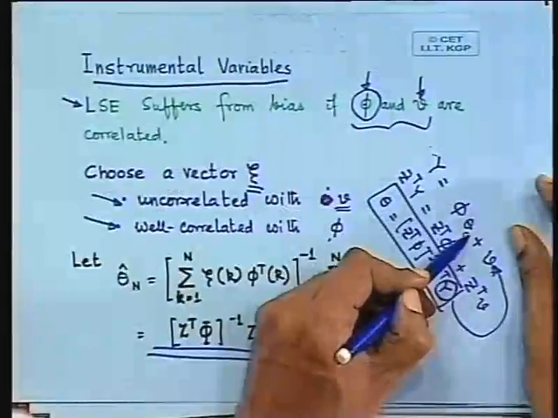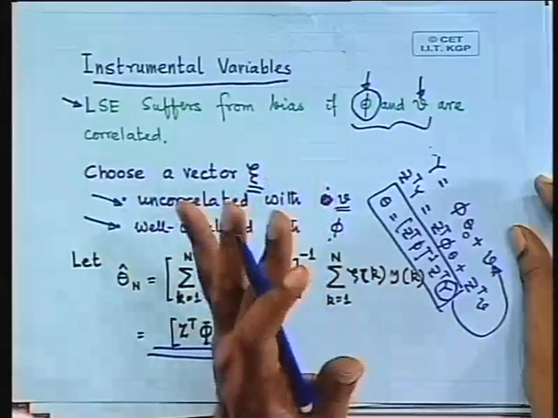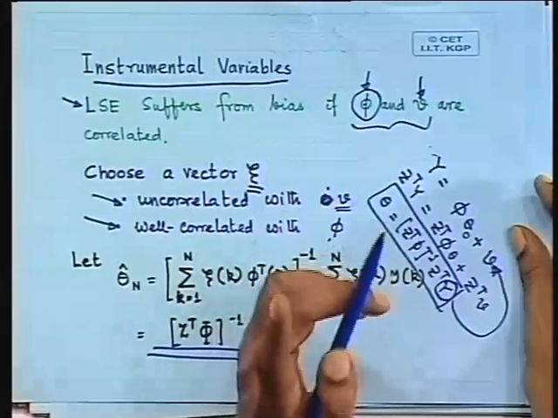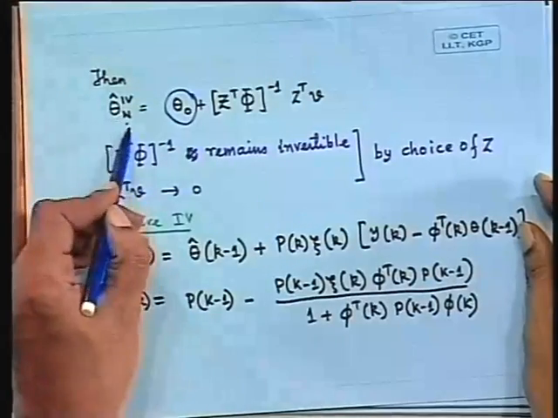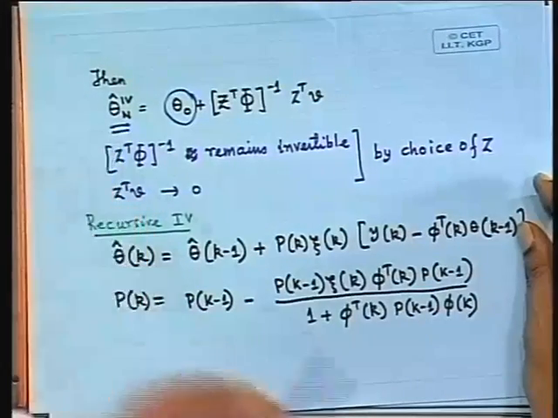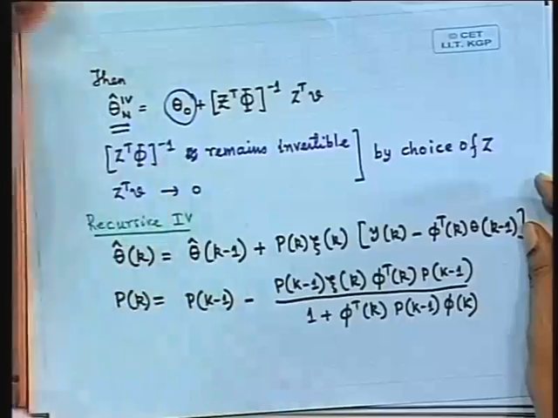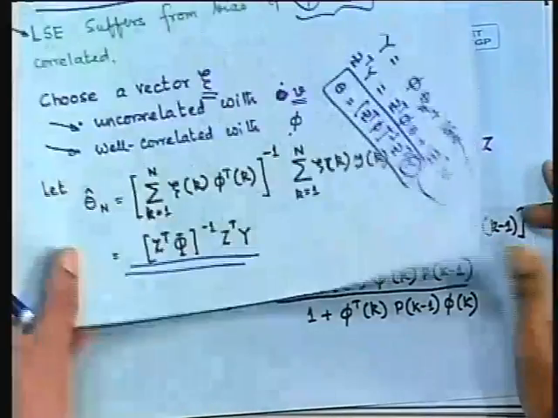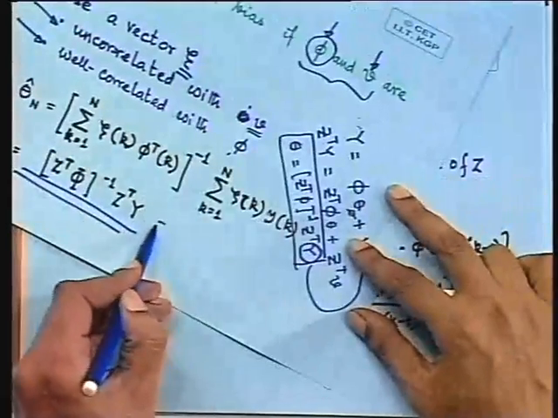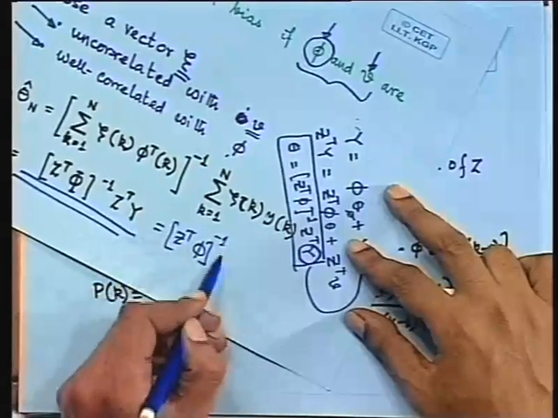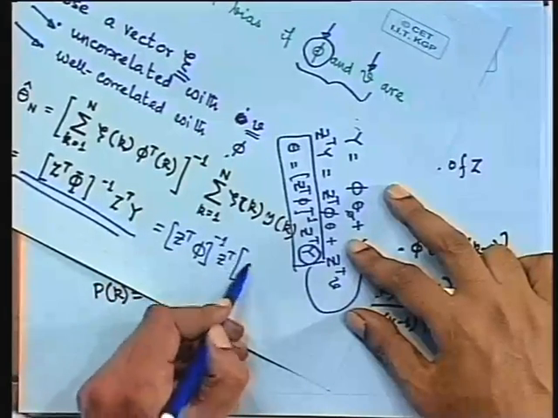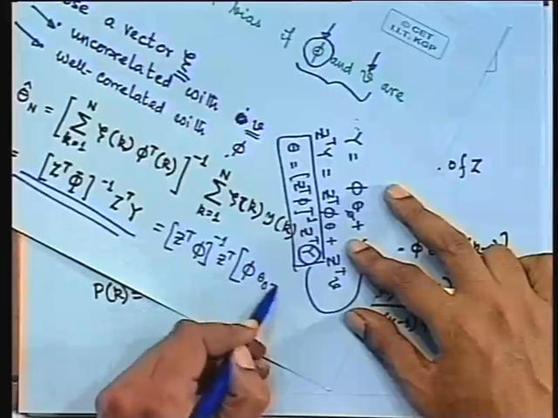So if your data was also generated by the system using the same model form but using some true unknown parameter theta naught, then the instrumental variable estimate can be shown easily, just by substituting y is equal to phi theta naught plus v, so you will get Z transpose phi inverse Z transpose into phi theta naught plus v.